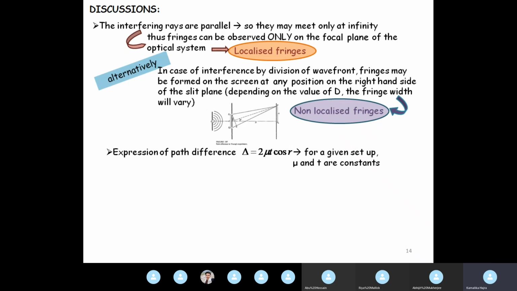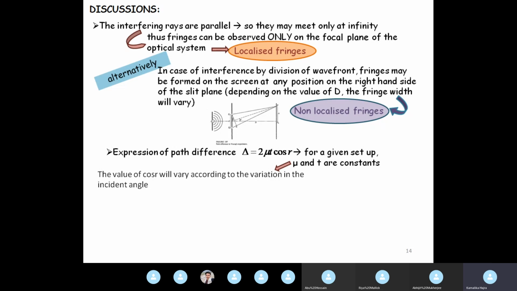So for a given setup, mu and t are constants. You use a particular thin film, so the refractive index is a constant and the thickness of the parallel film is constant. That is why we call it a parallel film. So what is the only varying term? The only varying term is cosine r.